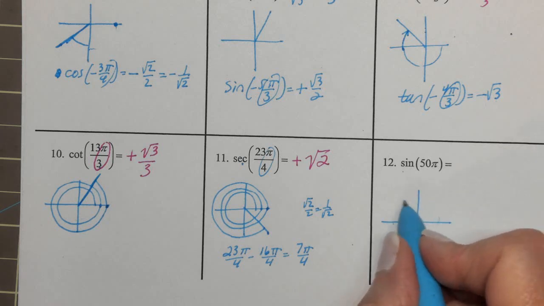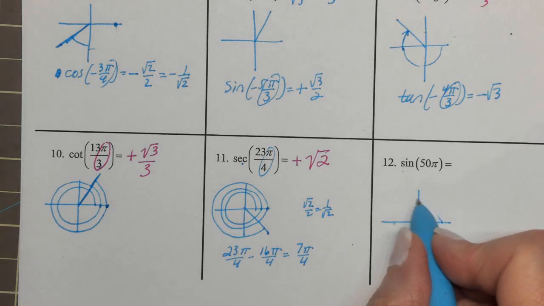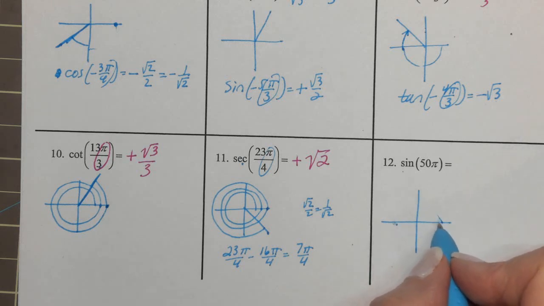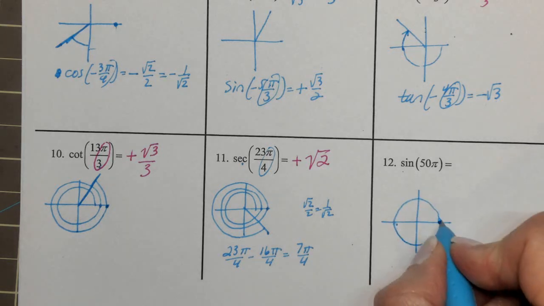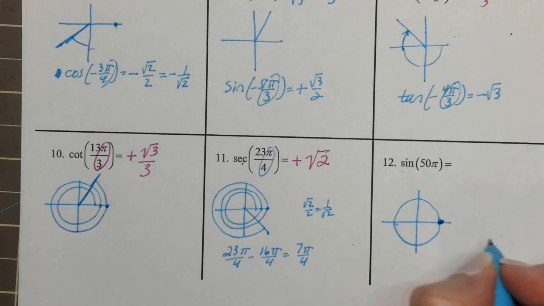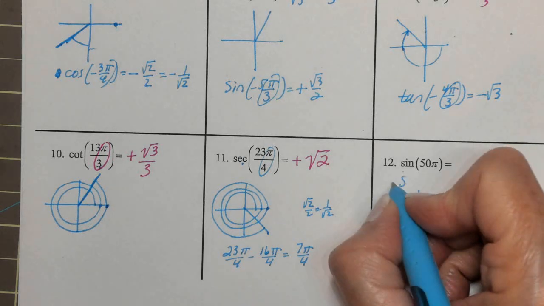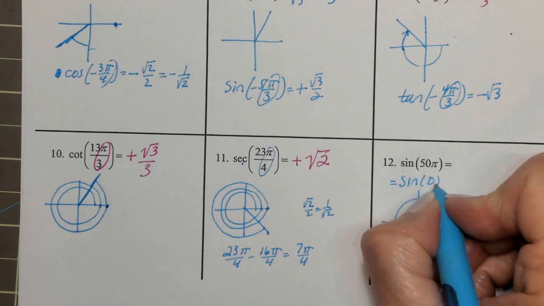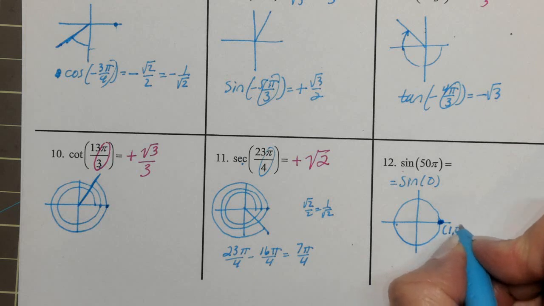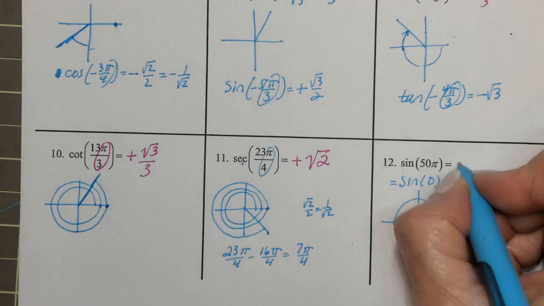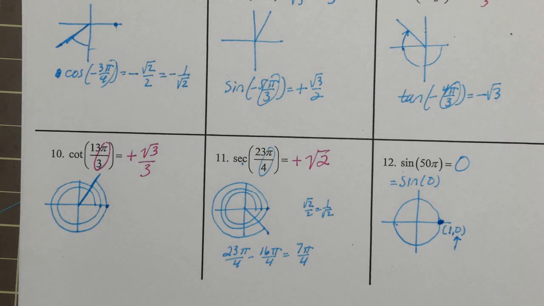I don't want to keep on going, but what's happening there? 1 pi, 2 pi, 3 pi, 4 pi, 5 pi, 6 pi. All of the even pi's are right here, aren't they? So 50 pi is going to land us back here at 0. This is the same as sine of 0. And what is sine of 0? This is the point 1, 0. Sine is the y-coordinate. Sine of 0 is 0.